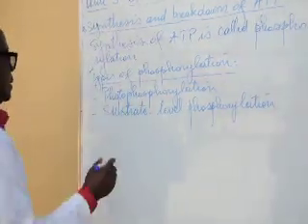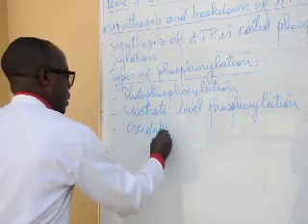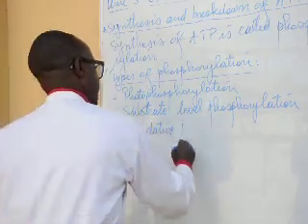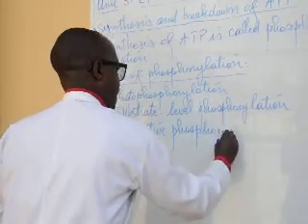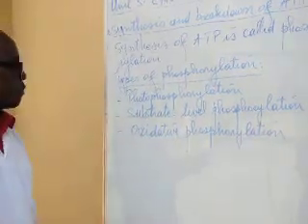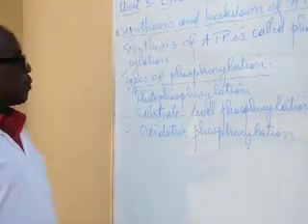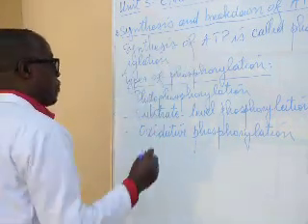And the last is oxidative phosphorylation. All these types of phosphorylation have the purpose of producing ATP.